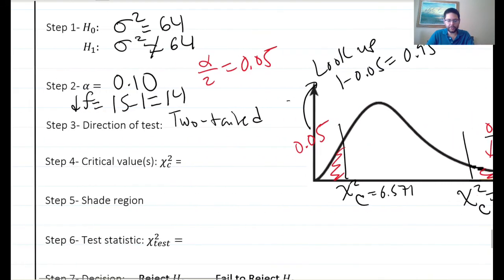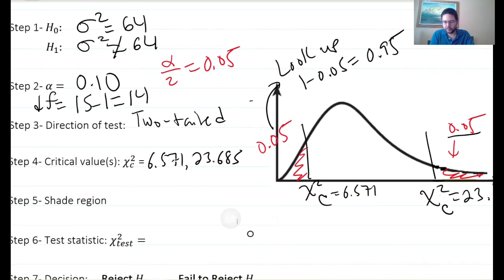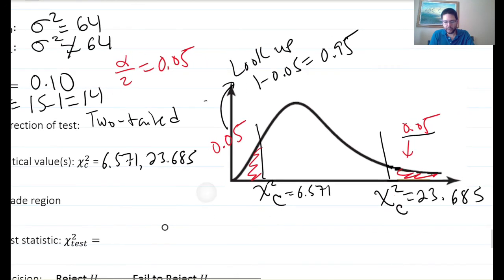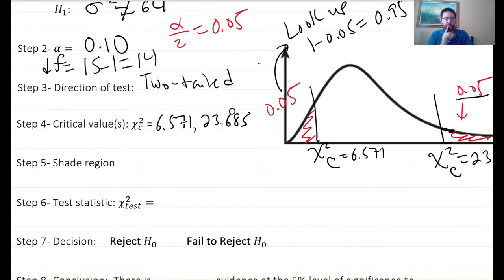All right, so those are my two criticals. Okay, so we got that. We shaded our region. Now we're going to do our test statistic.